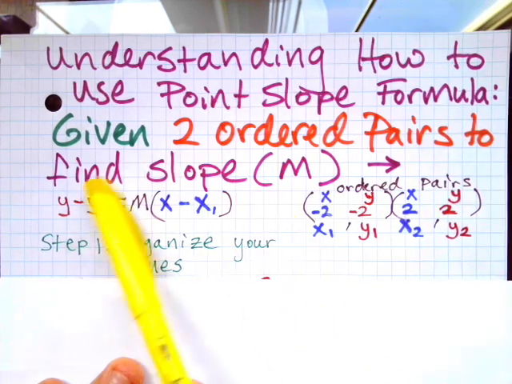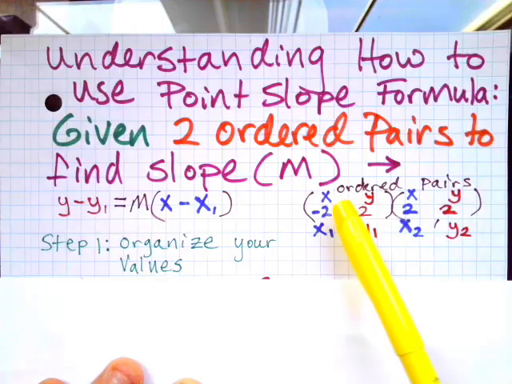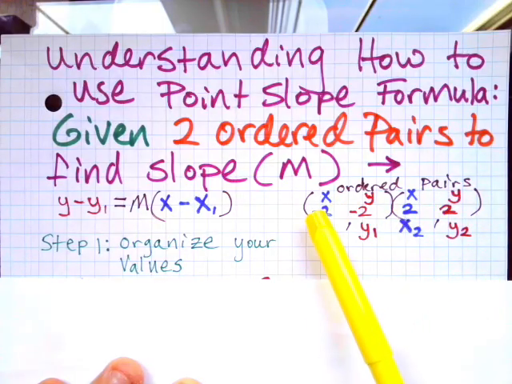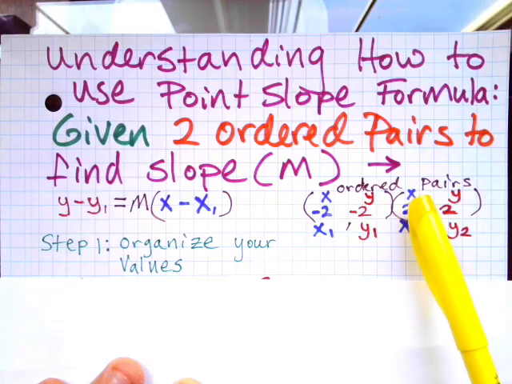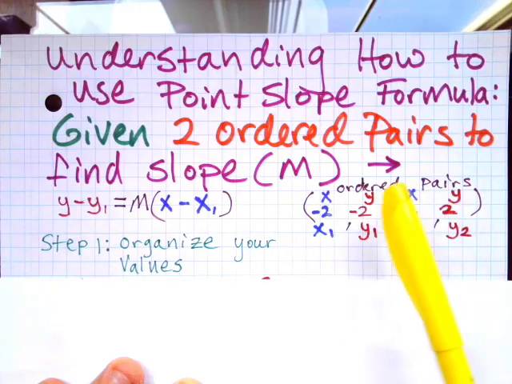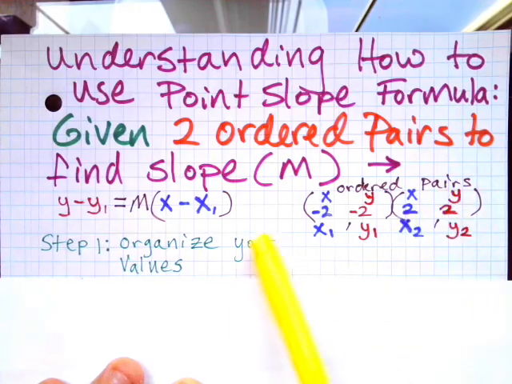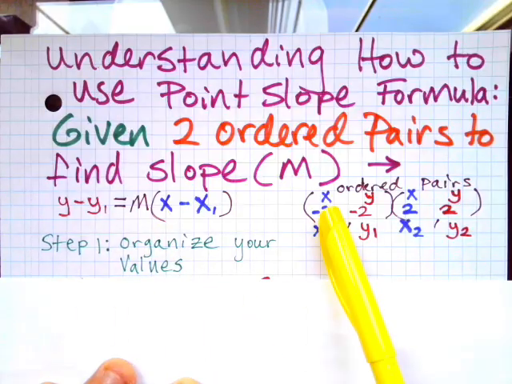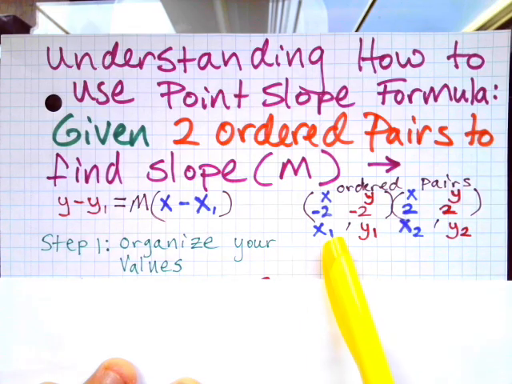Point slope form. We're given two sets of ordered pairs, and in this example, we have x is -2, y is -2, x is 2, y is 2. We have our two ordered pairs. First thing you want to do in step one is organize your values. So this is my first x, so I'm just going to label this x number 1 or x1, which automatically makes my second x x2.